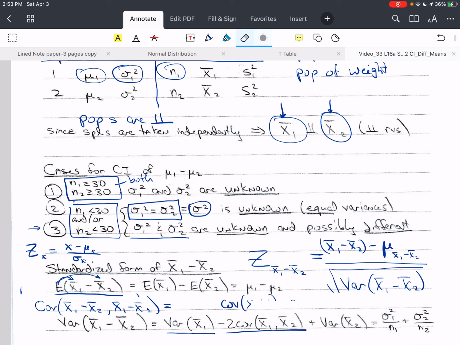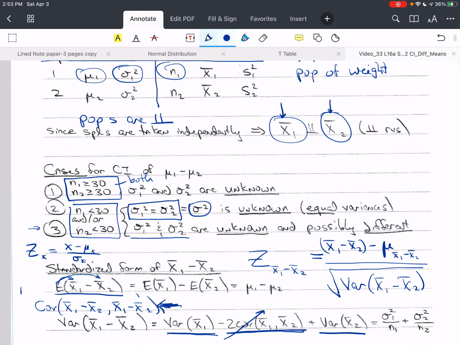And that's what we end up with when we expand this expression: the variance of x bar 1 minus 2 times the covariance of x bar 1 with x bar 2 plus the variance of x bar 2.